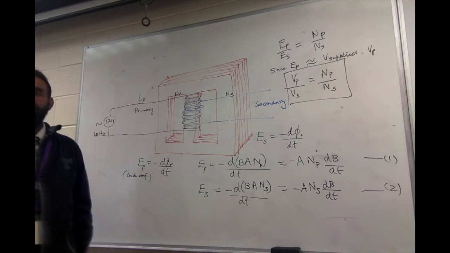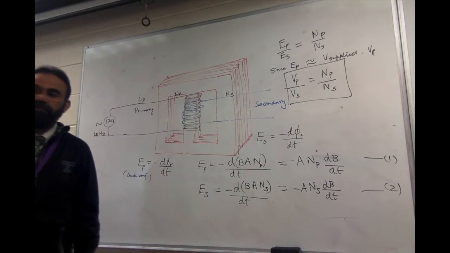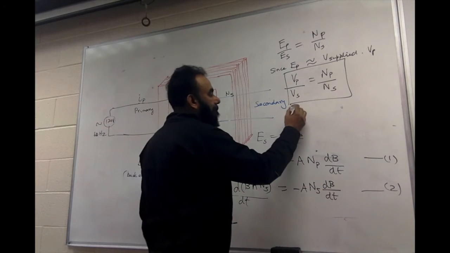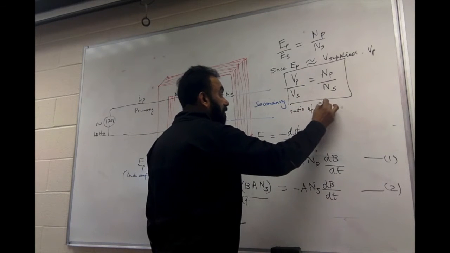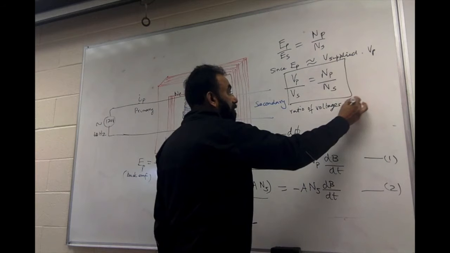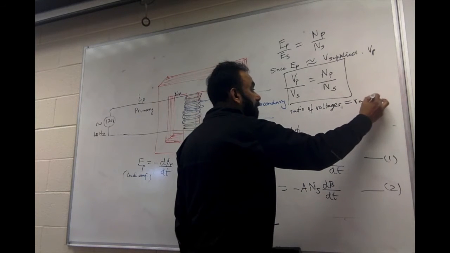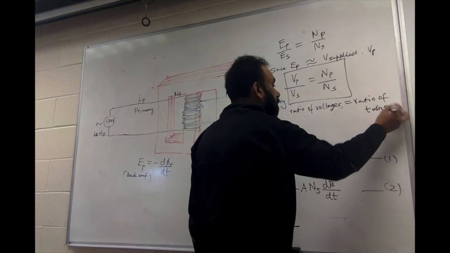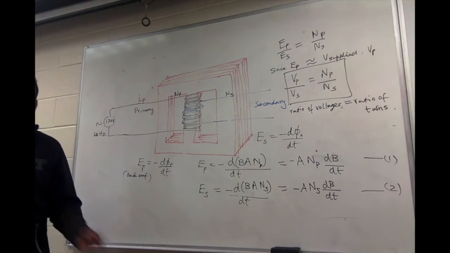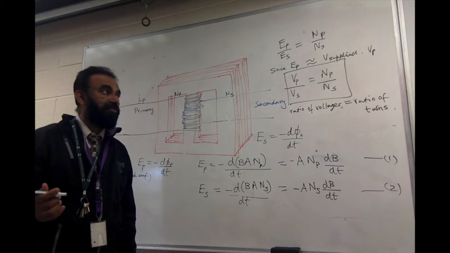That's an important equation for a transformer. The ratio of voltages is equal to the ratio of turns, number of turns.